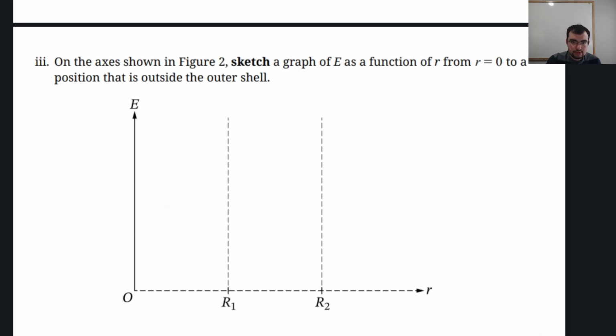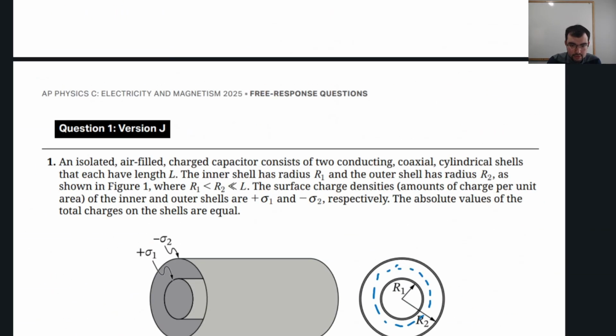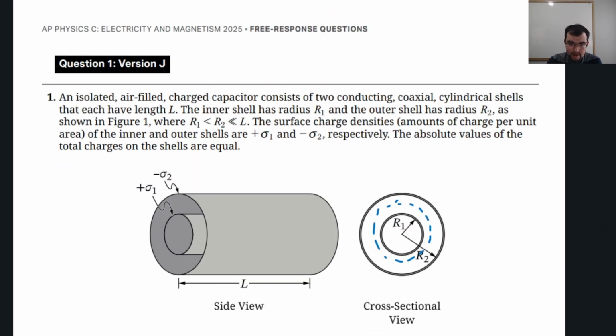On the axis shown, sketch a graph of E as a function of r, from 0 to outside the shell. So first of all, we know that these are two conductors. So anything inside a conducting shell would be 0, but they actually don't have thickness.